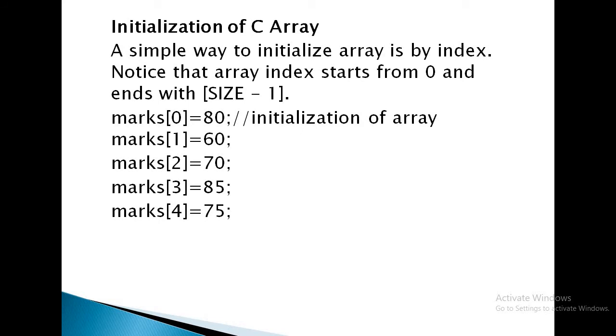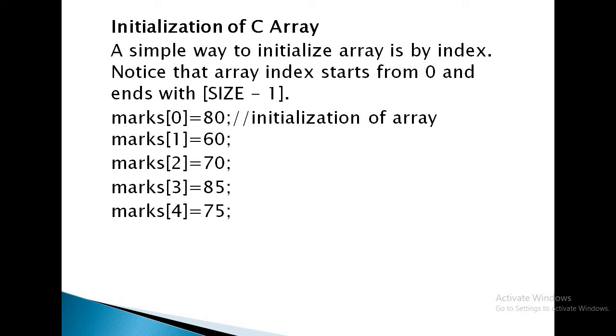Next, initialization of an array. A simple way to initialize an array is by index. The array index starts from 0 and ends with the total size minus 1. For example, if our array size is 5, it starts with 0 and ends with the total size minus 1, that means 0 to 4.